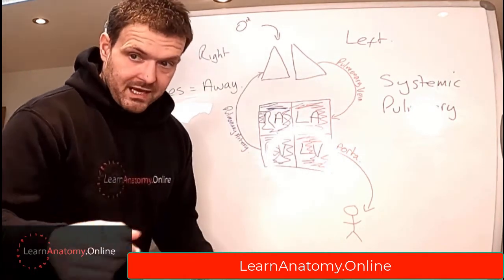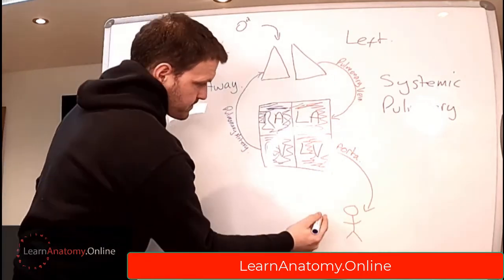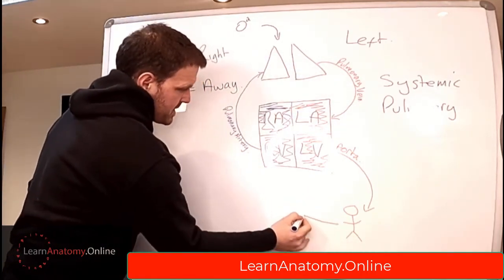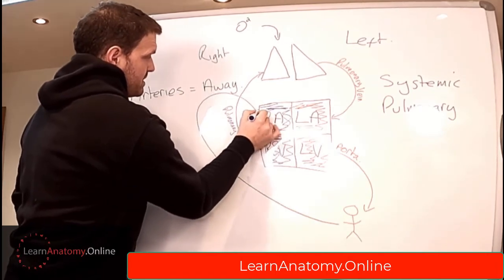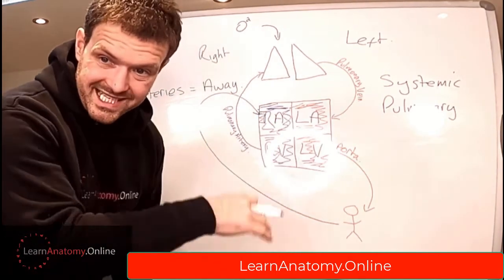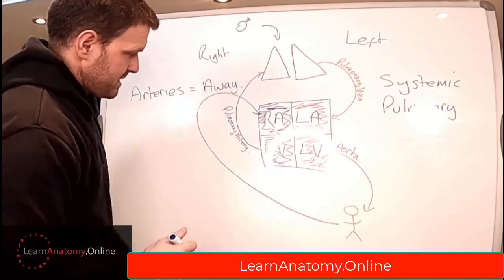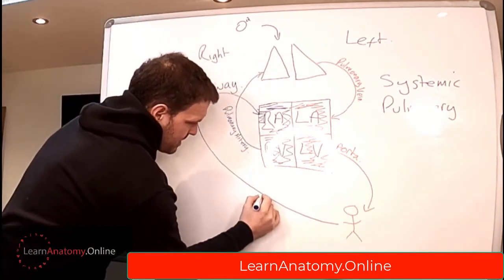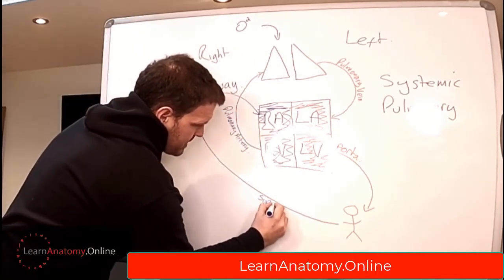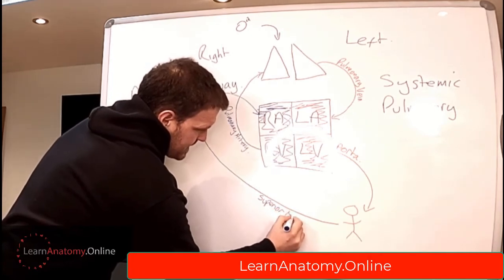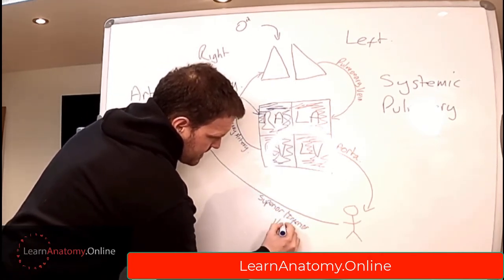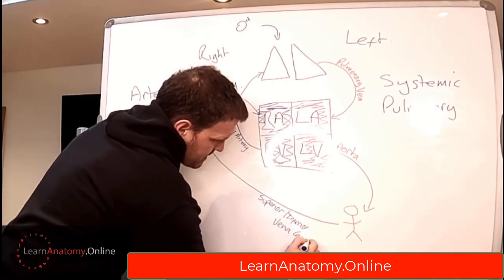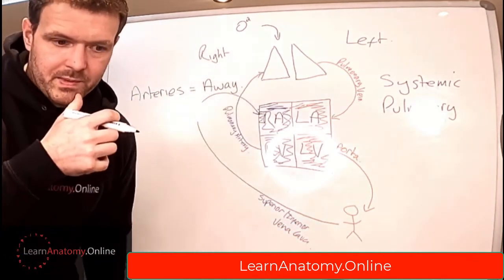So obviously once that blood has been used up, we then have deoxygenated blood coming back into the entrance of the heart on the deoxygenated side, which is the right side, and these are your superior and inferior vena cava, or cava, however you want to pronounce it.